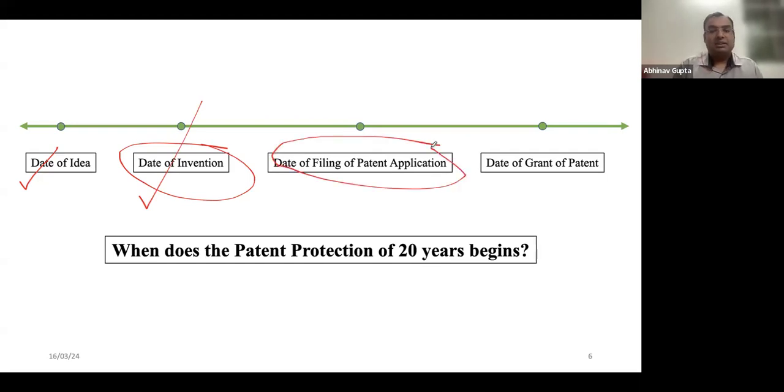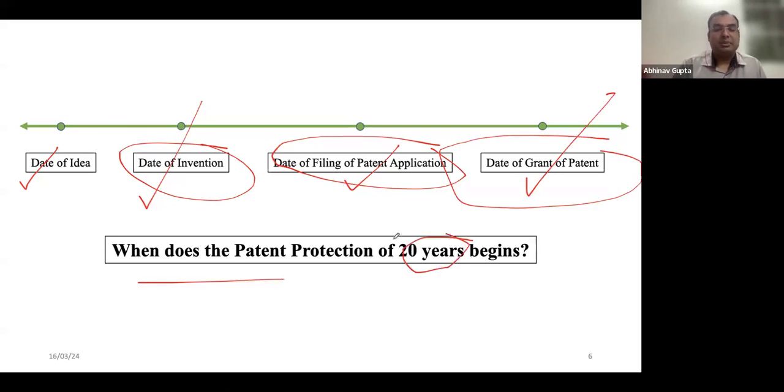Now, say on 16th July 2025, I filed a patent application for my engine which can run on water, and say on 16th March 2026 the patent was granted to me. Okay, so what do you think, when does this 20-year protection begin? From the date of the idea, from the date of the invention, from the date of filing of the patent application, or from the date of the grant of the patent?